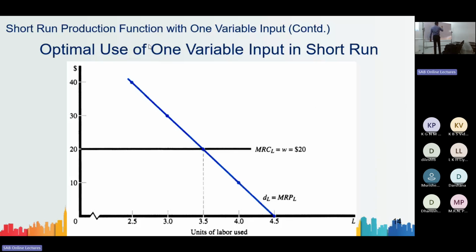In short run production theory, in the previous session, we discussed how to decide the optimum level of the variable input in the short run.